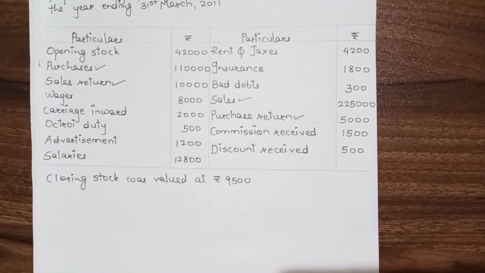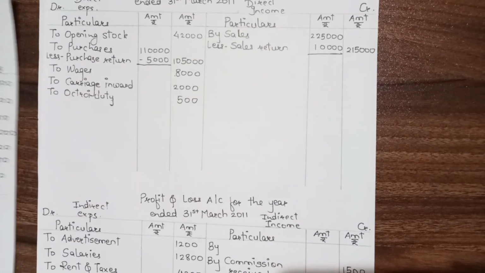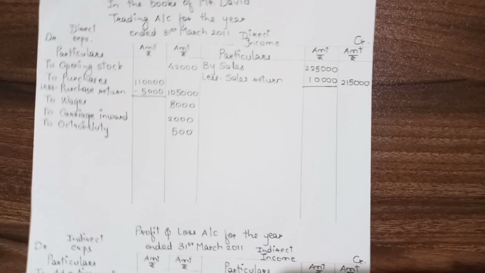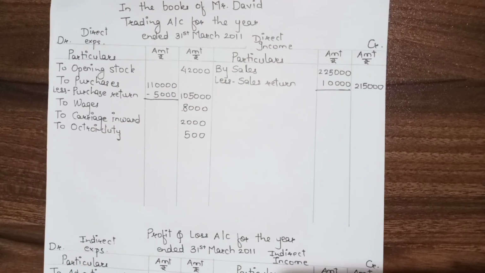Now I've already told you every adjustment has two effects, one debit and one credit. So let's see where this closing stock will appear. The first effect will be in the trading account, credit side, because closing stock is directly related to the business and the production activities. That is why it is going to appear on the credit side of the trading account.